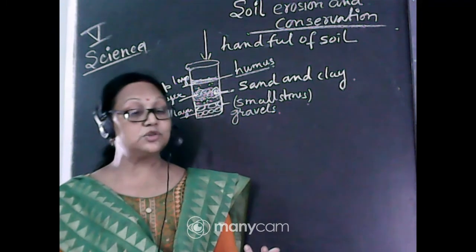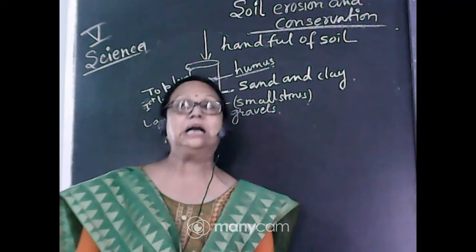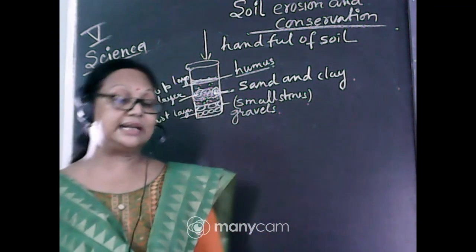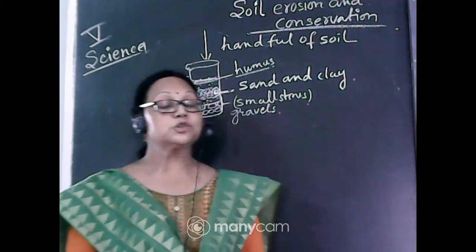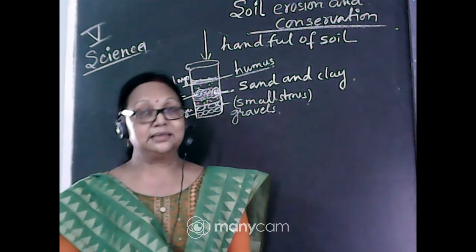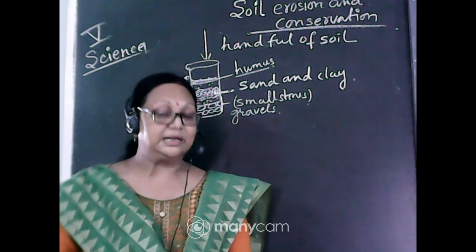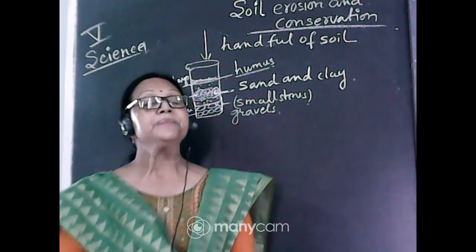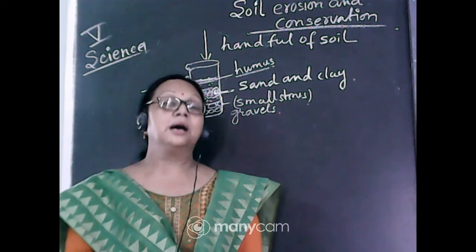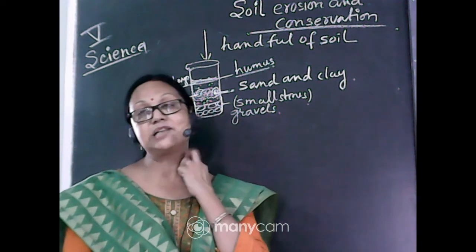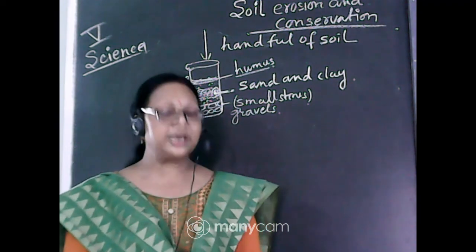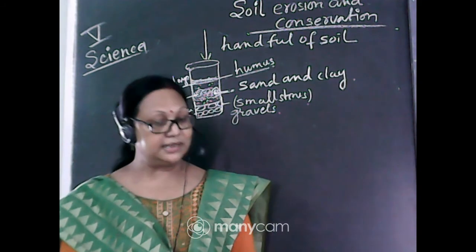Second, soil provides useful minerals to the plants. Suppose we are growing banana. What kind of minerals will banana take? It will take calcium. So we will see that where bananas are growing, the soil is being depleted of the calcium mineral, because they take the calcium along with the water present in the soil.